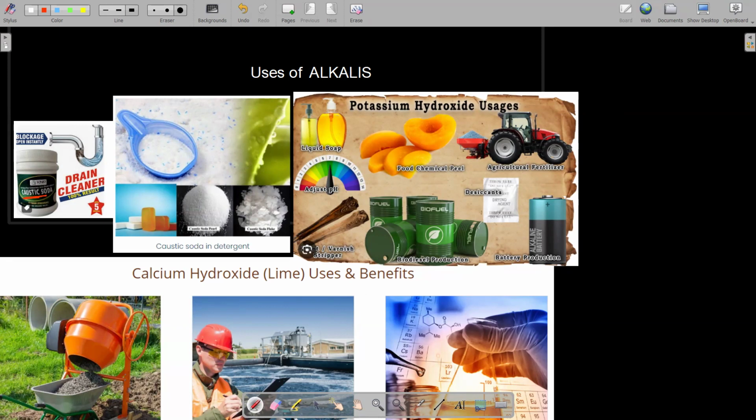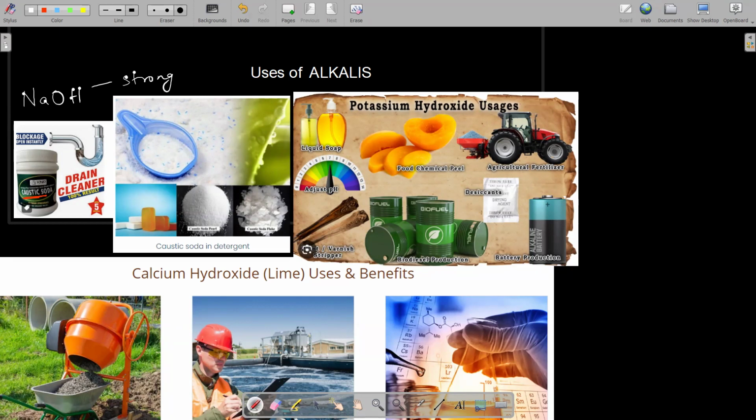So caustic soda, what is its formula? Its formula is NaOH, sodium hydroxide. So sodium hydroxide is also called caustic soda. And of course, it is a very strong alkali.